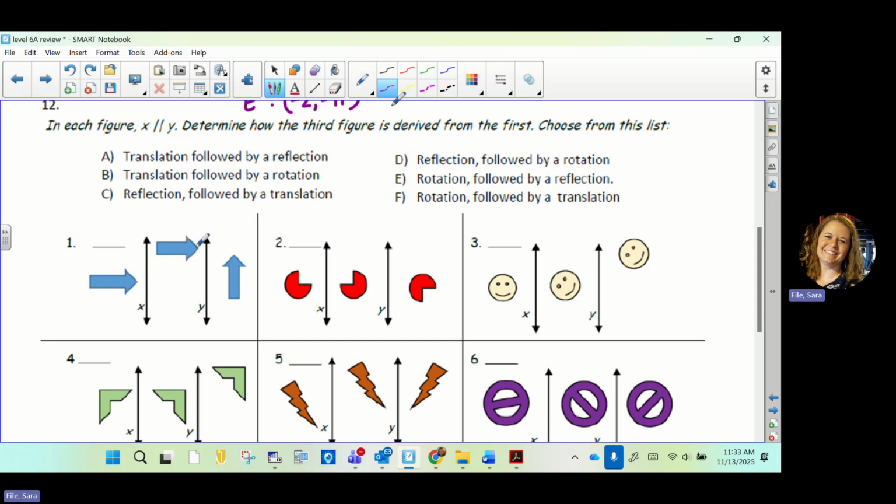How does it go from pointing right to pointing up? That's a rotate. They had to turn it. So we slide and turn. So that's translate and rotate. It's a translation followed by a rotation.